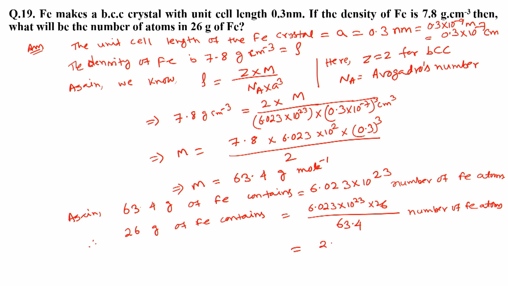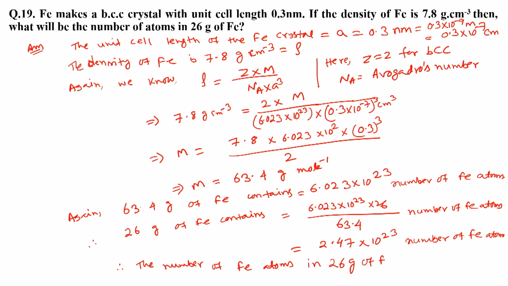If we calculate this, we get 2.47 times 10 to the 23 number of Fe atoms. Therefore, the number of Fe atoms in 26 gram of Fe will be 2.47 times 10 to the 23.